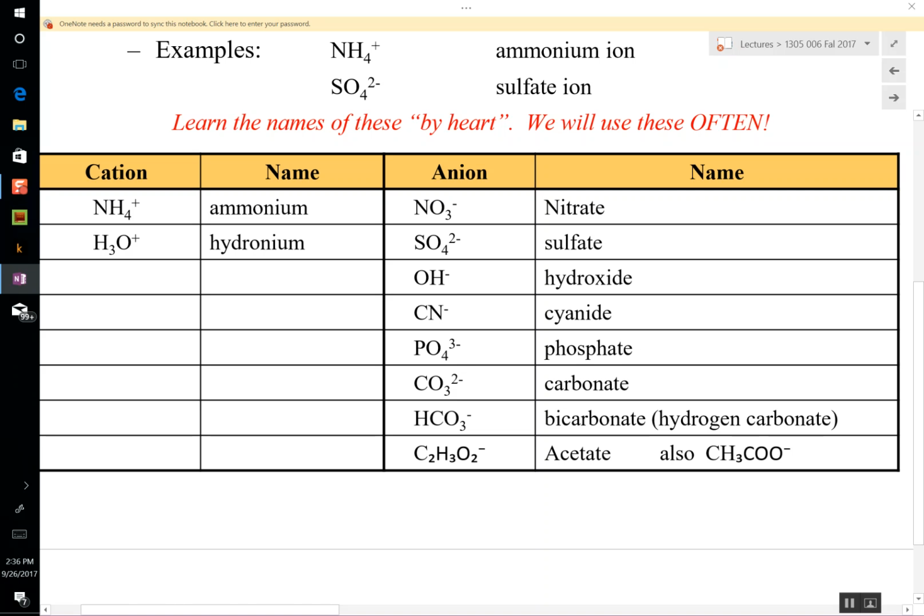What you've got to do is recognize that that is a polyatomic ion, the ammonium ion, and that is a polyatomic anion, the hydroxide ion. So that's all we're doing, we're just naming these 2 ions. Ammonium hydroxide.